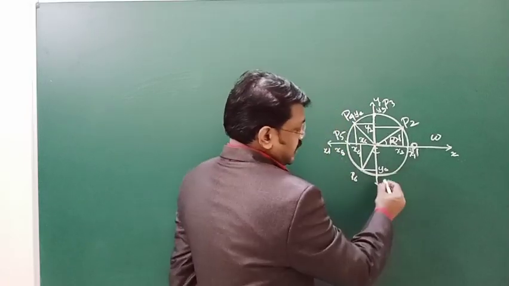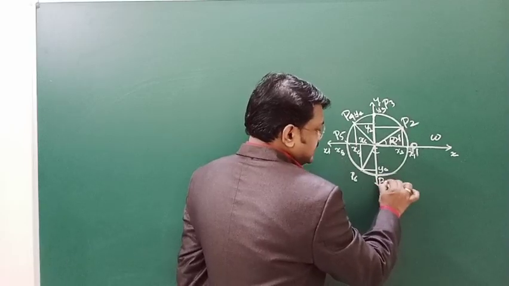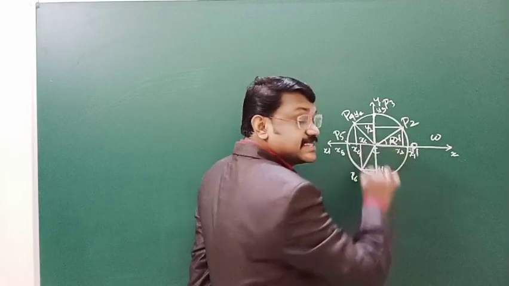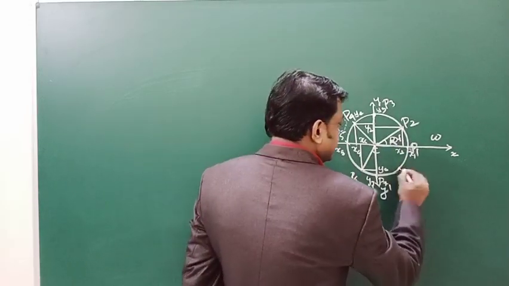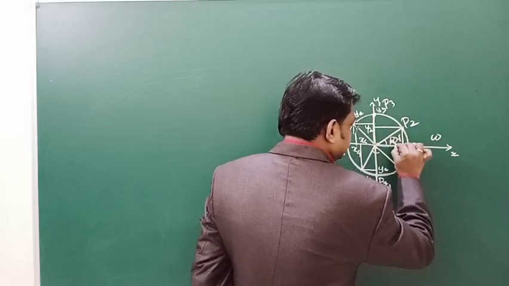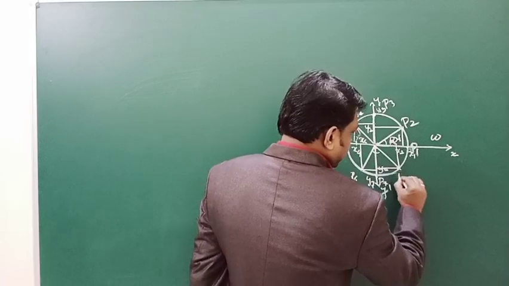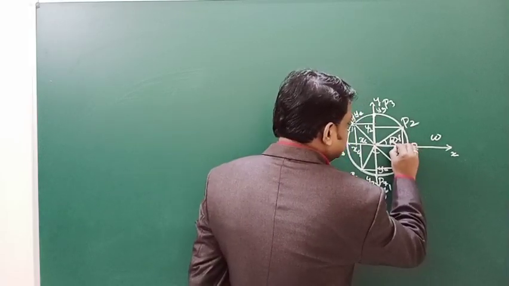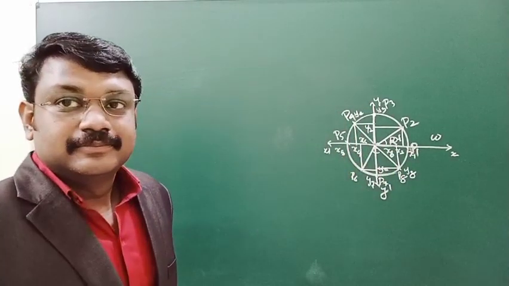When it is at the point y dash, at this point P7, this is y7, but again x is equal to 0 because it is along the y-axis. Now it is here, this is P8, that means y8 and this point will be x8. Getting confused?